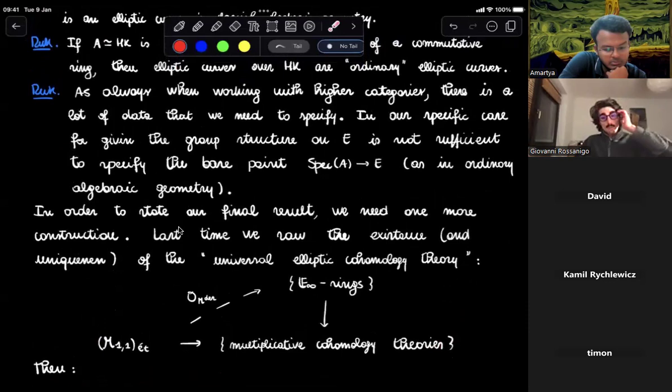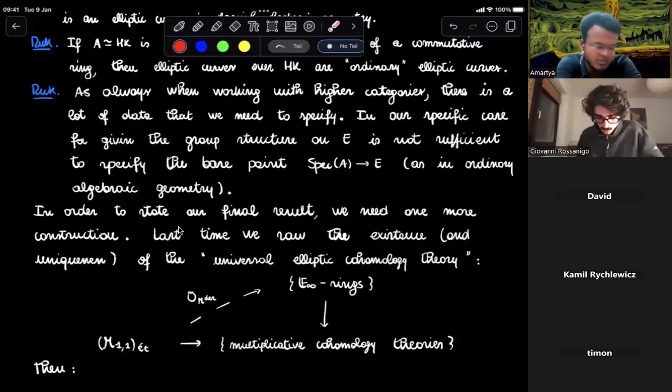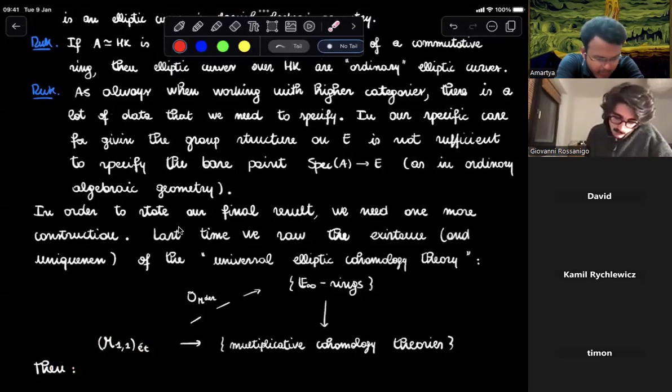We showed that whenever we look at the ordinary étale topos of elliptic curves, it was possible to fill this diagram with a sheaf of A infinity rings that we have called the sheaf of derivation over M.